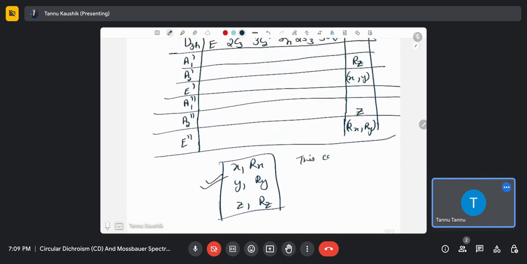This condition is not satisfied, which means both electric dipole moment and magnetic dipole moment are not active together.